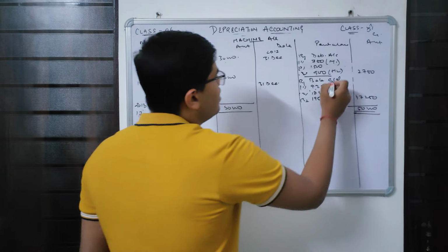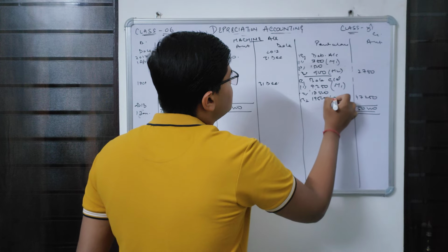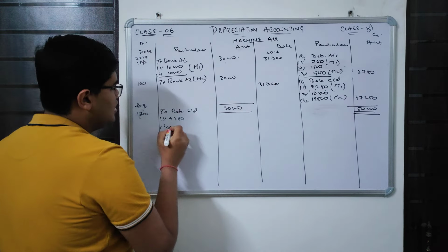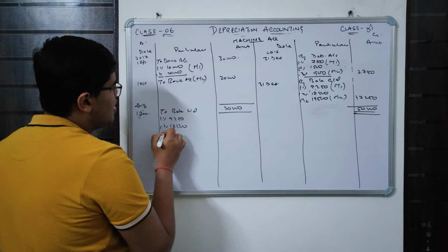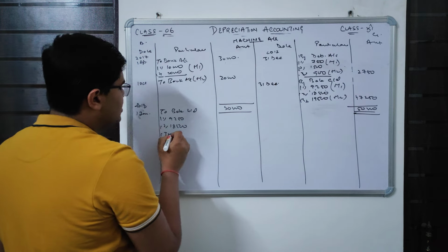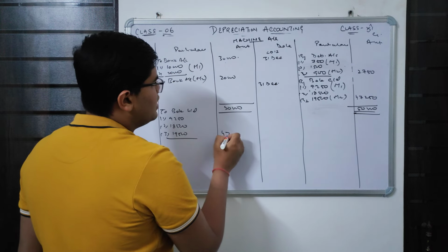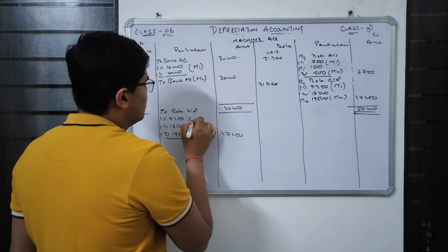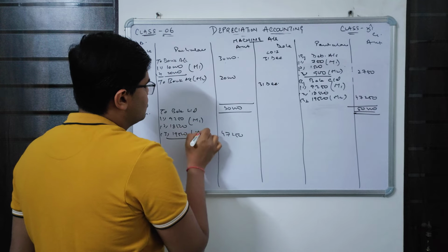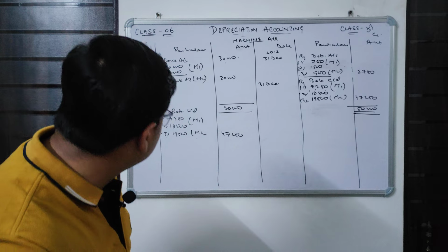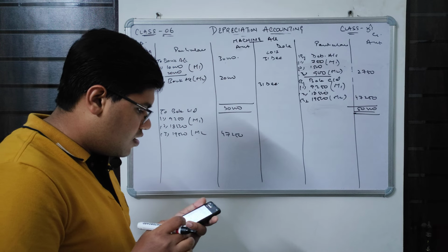You have to show it here, machine 1 and machine 2. 9,250, 18,500, and third 19,500. So if we total it, we will get 47,250. M1, M2. Now let me check whether in this year any machine is purchased or not.